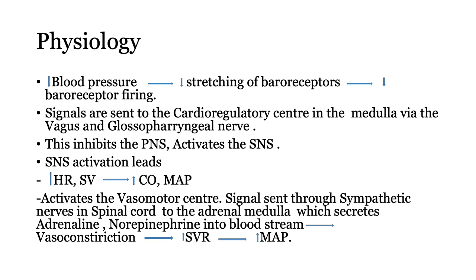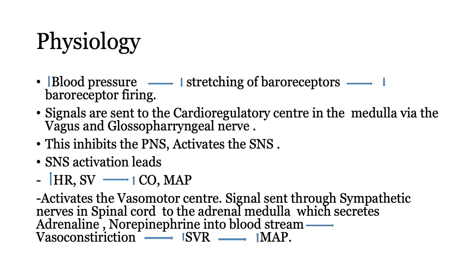When you have a reduction in blood pressure, there will be a reduction in the stretching of baroreceptors. Baroreceptors have stretch receptors, and when this happens, there will be a reduction in their firing. Signals will be sent to the cardioregulatory center, which is found in the medulla, via the glossopharyngeal and the vagus nerve.